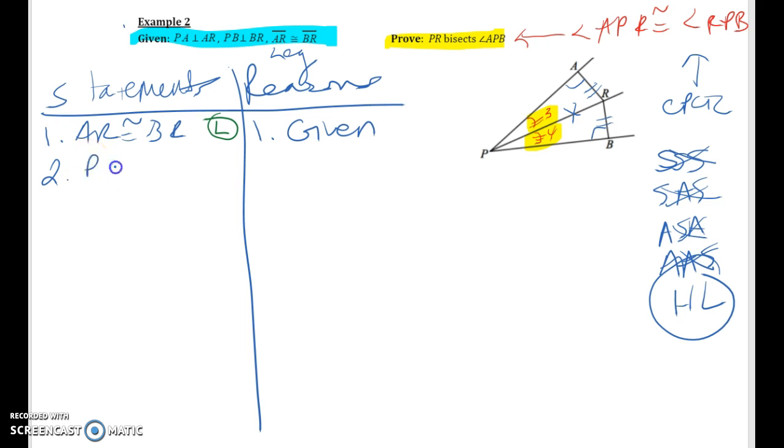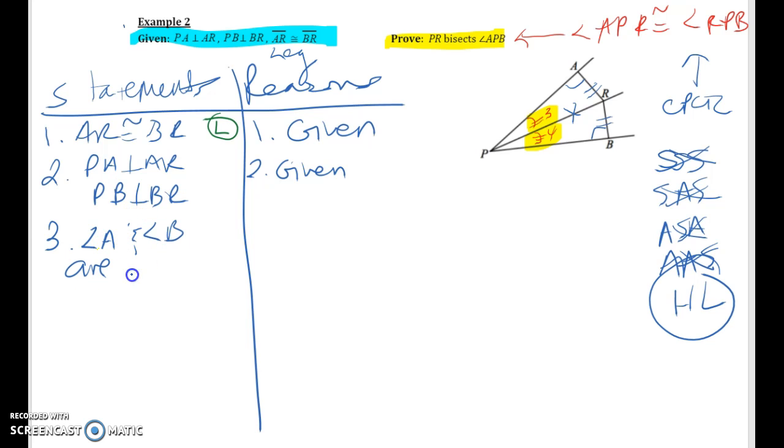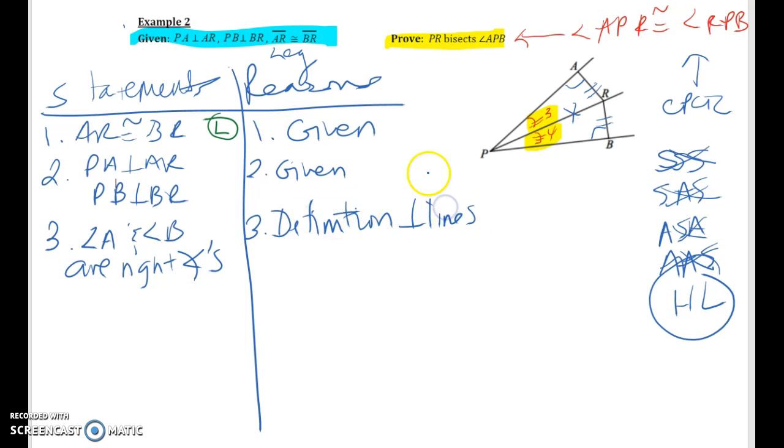We have PA perpendicular to AR, PB perpendicular to BR. That's also given. What does that tell me? That tells me that angle A and angle B are right angles, by the definition of perpendicular lines, or perpendicular lines form right angles, whatever you prefer to write.